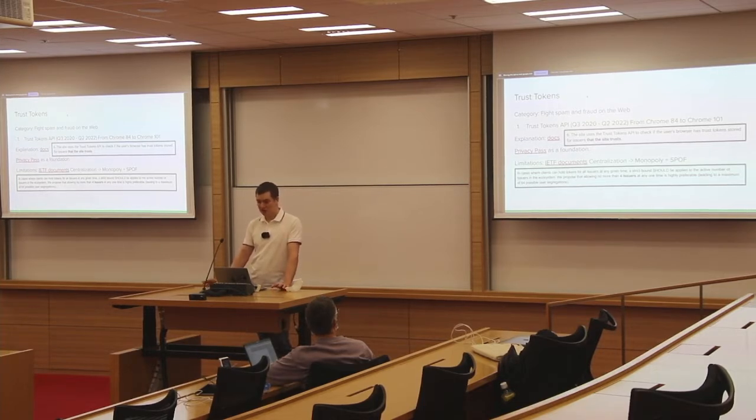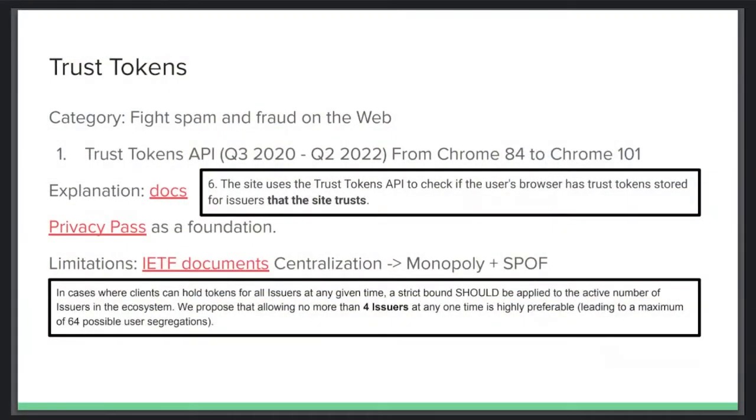And as soon as it is confirmed that the user is a real human, the user's browser can receive several cryptographic tokens, and these tokens later can be claimed by other websites who want to be sure that the user is human. So basically, you confirm that you're human once, you get some tokens, and after that, you can use these tokens on our website to confirm to our website that you are human too.